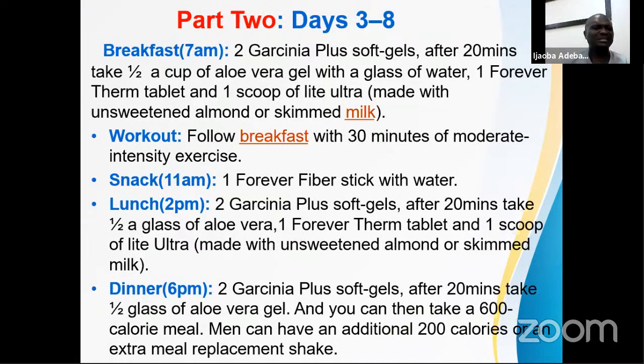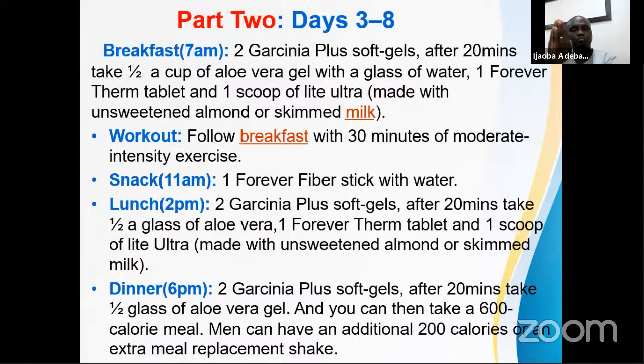What we are minimizing already, your stomach has really gone smaller. So all you need to do is to eat accordingly. Men can have an additional 200 calories, or an extra meal replacement, which is Light Ultra. Did we get it?